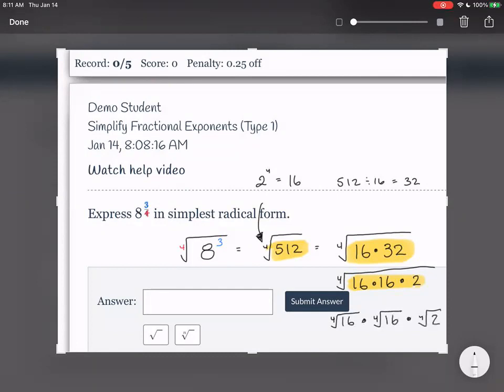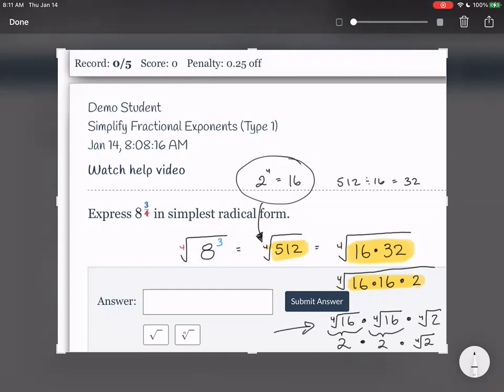So we wrote it out this way so that this piece can become 2. So since 2 to the power of 4 equals 16, then we know that the 4th root of 16 is 2. And same with this one. The 4th root of 16 is again 2. And this is just the 4th root of 2. That's as simplified as that piece can get.